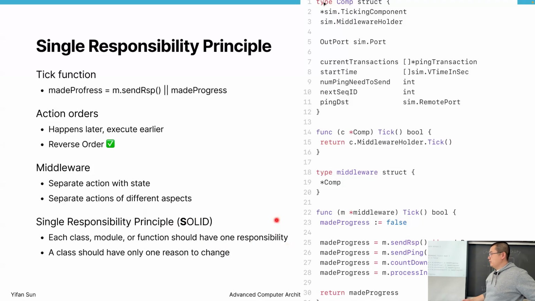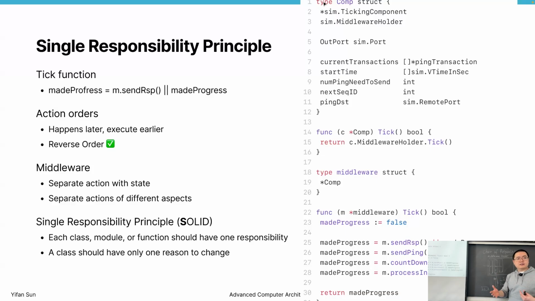This is hard to understand, but one way to understand it is that a class should have only one reason to change. For example, if I write the whole cache in one part, I may change its replacement policy, or I may change its timing, like how long a cache access takes.